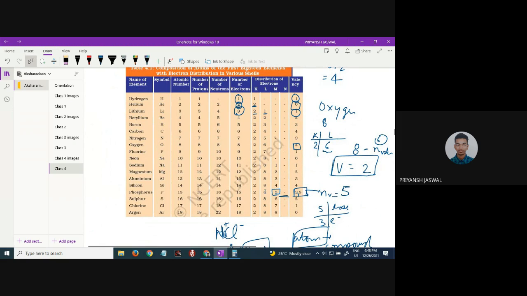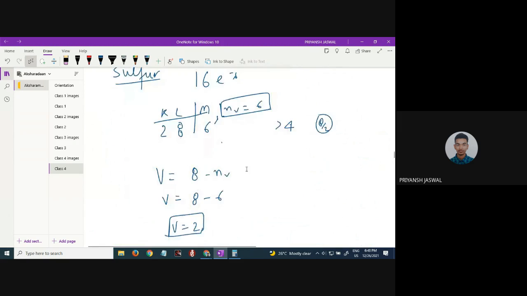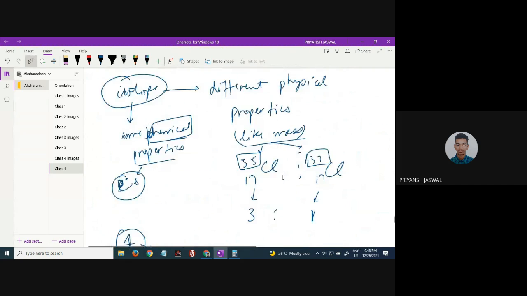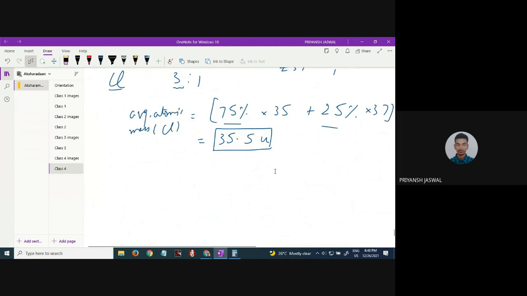It's not mentioned in this table. Anyways, when you solve problems, mostly always, the mass of chlorine is given as 35.5, because the other isotope has a considerable percentage in nature, that is 25%.